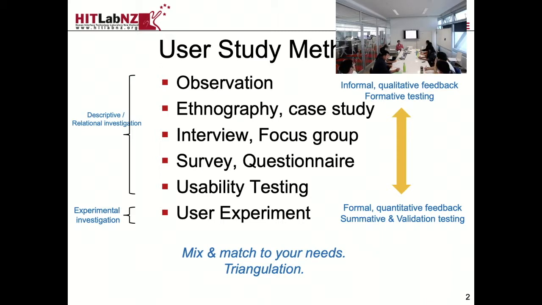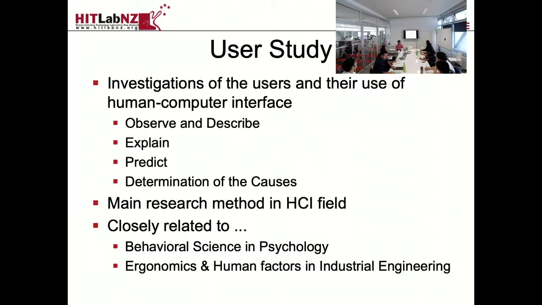Sometimes there is a lack of objective measurements. So user study is an investigation of the user and the user with the human-computer interface. So it has to be explained, it has to be very concise, and it has to be predictive.